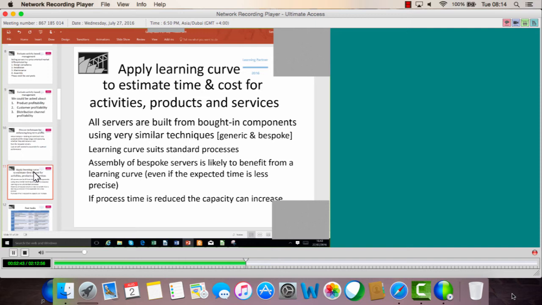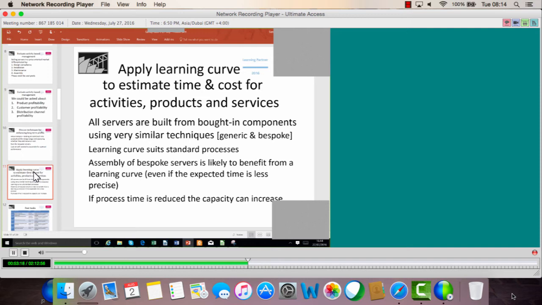And fair enough, much of it is driven by the mechanized processes, but the pre-seen has told us that there is still a noticeable amount which is done by human beings. And if we've got labour working on the production of these servers, then this is the part which can benefit from the learning curve.